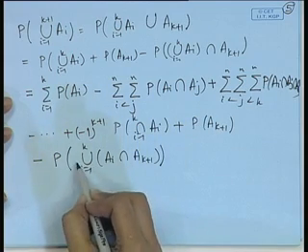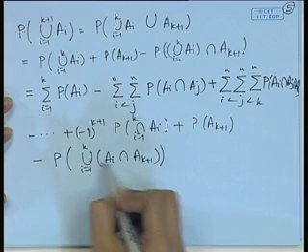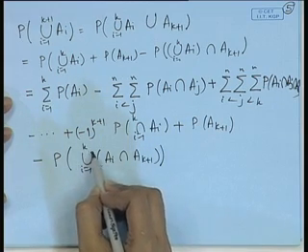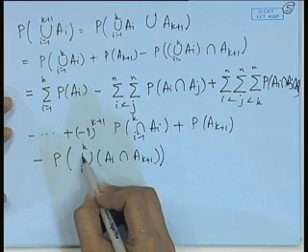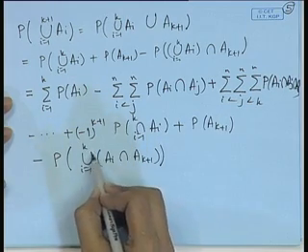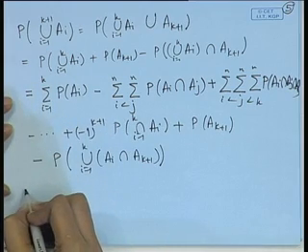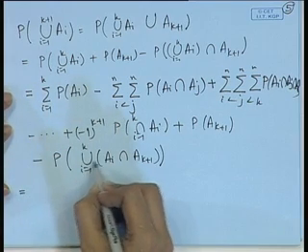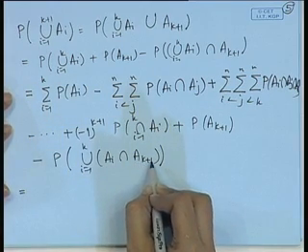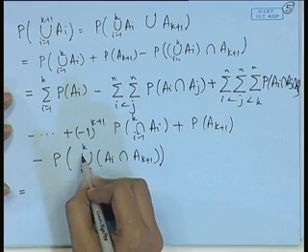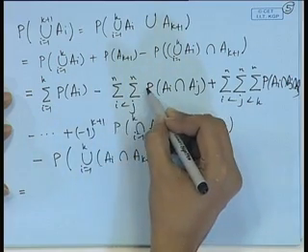Now, if you look at this last term, it is again union of k events, and since we have assumed the probability of union result to be true for n is equal to k, we can apply that formula. So, using that, we will get summation of probability Ai intersection A k plus 1 for i is equal to 1 to k, and that term can be adjusted with this.